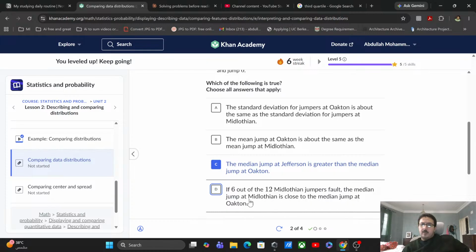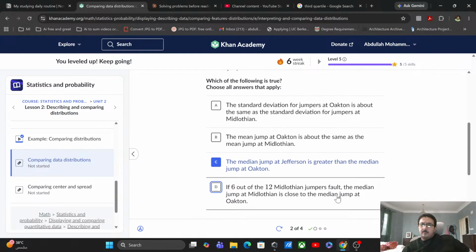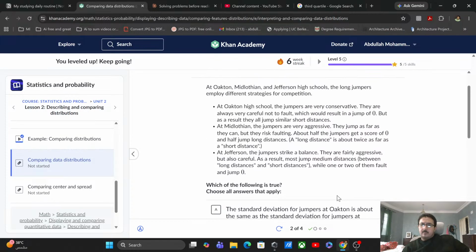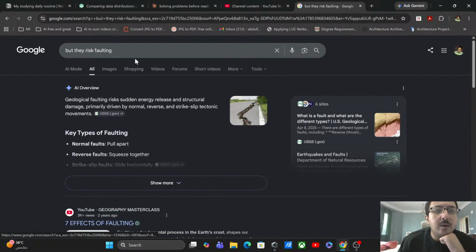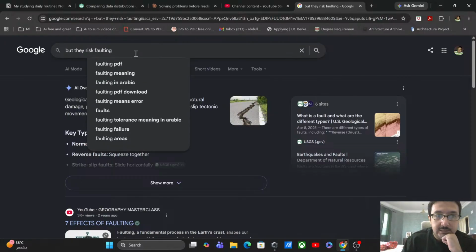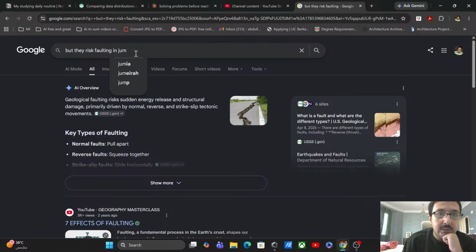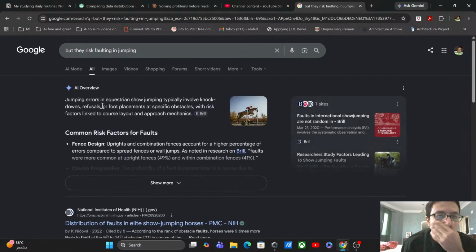The median jump is close. What does fault mean? Faulting. No. Jump. What is this about?